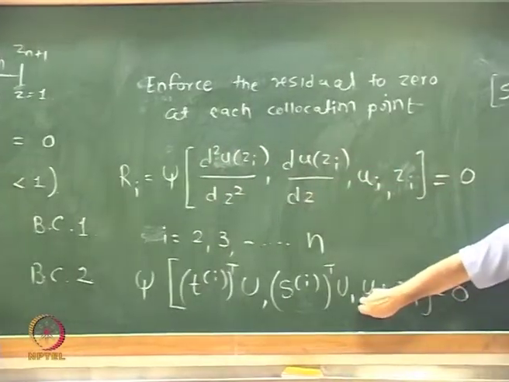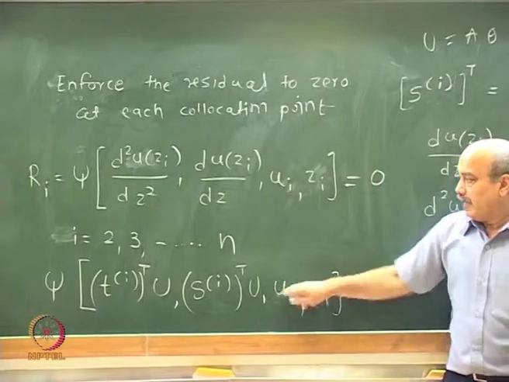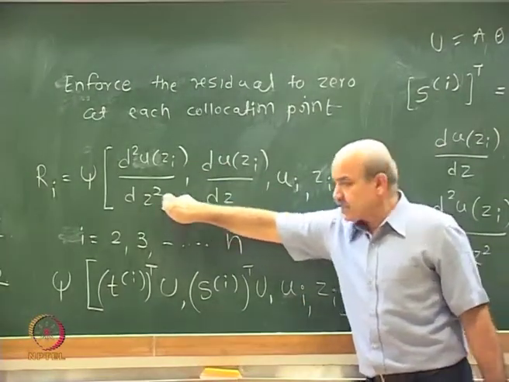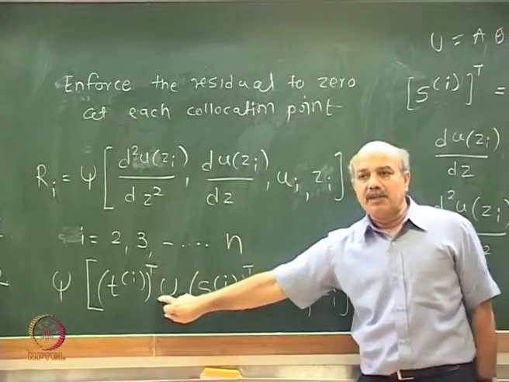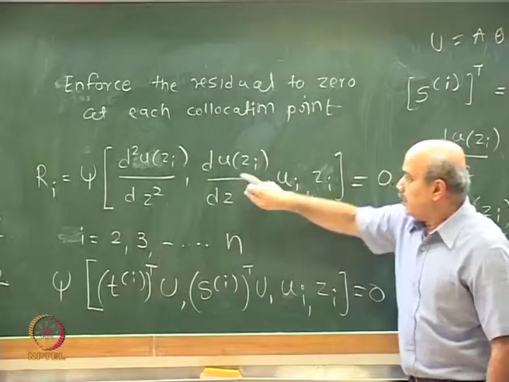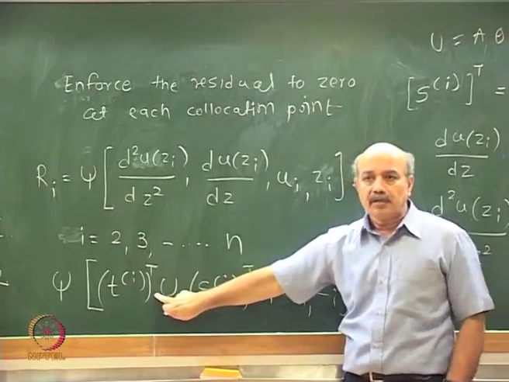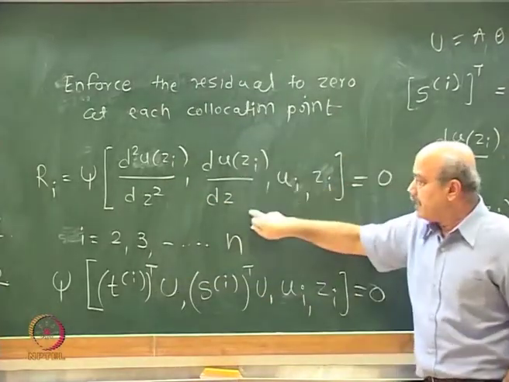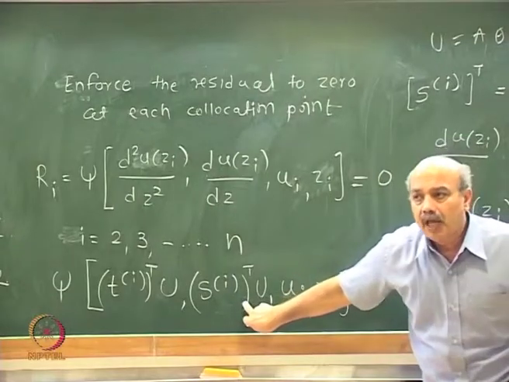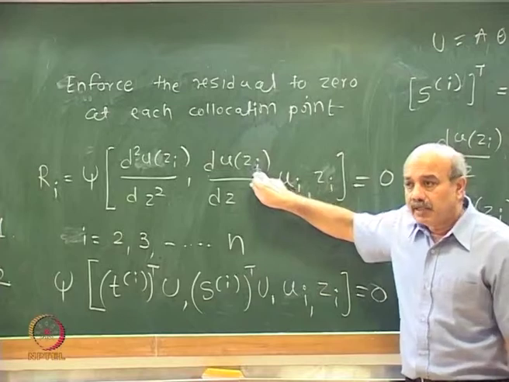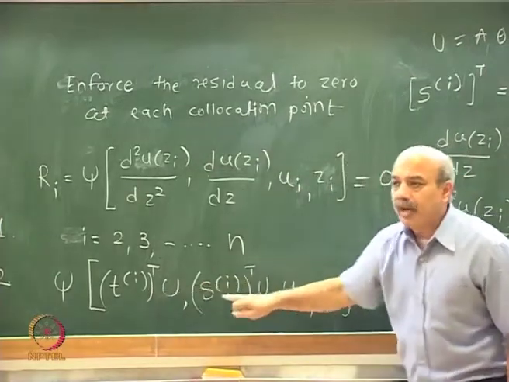Look at this equation here. d2u by dz square I have replaced by an appropriate algebraic approximation, and du by dz I have replaced by an appropriate algebraic approximation. So this differential equation is now converted into an algebraic equation.